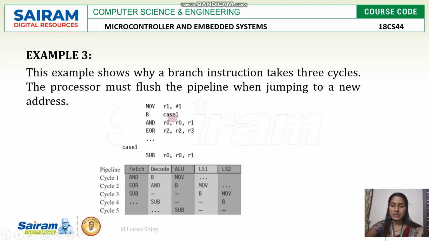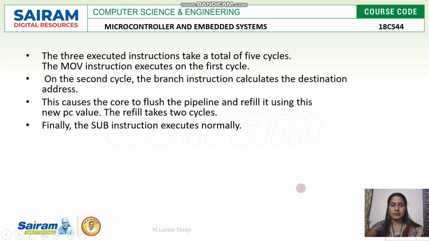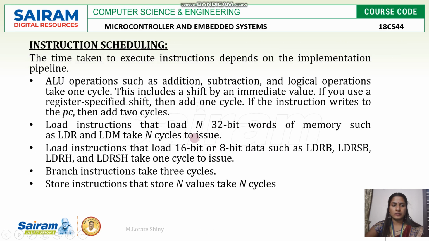Once the target address is refilled in the PC, it will go to that target location and it will execute the sub. So this is how 2 cycles are wasted here. So these are about instruction scheduling. Thank you.